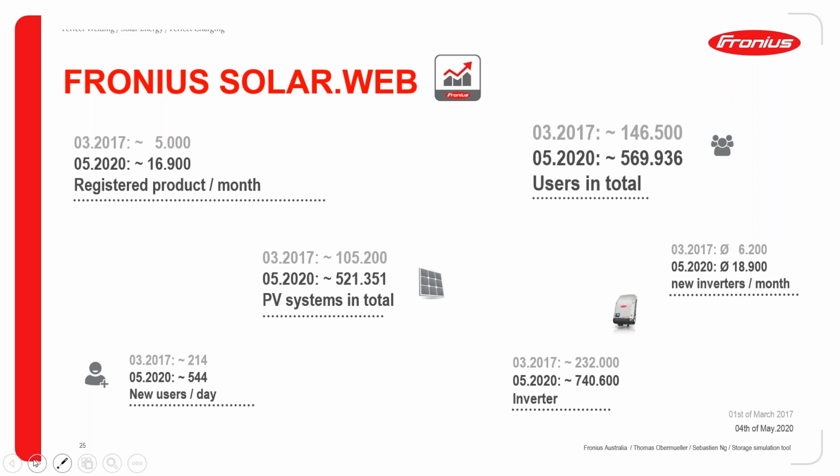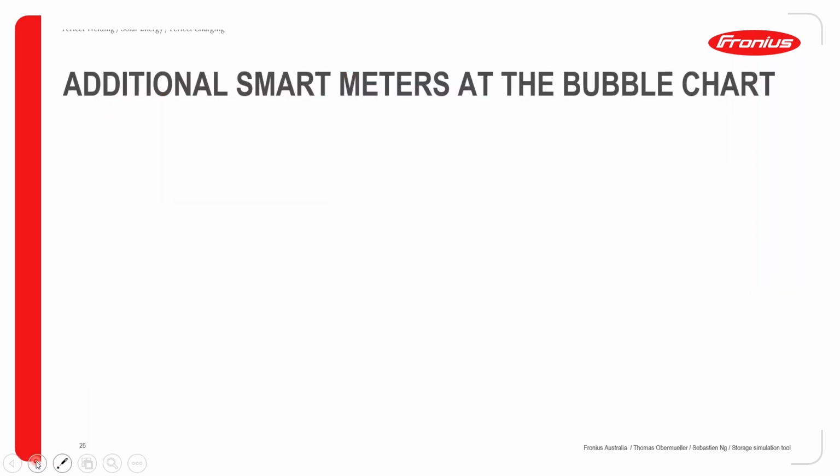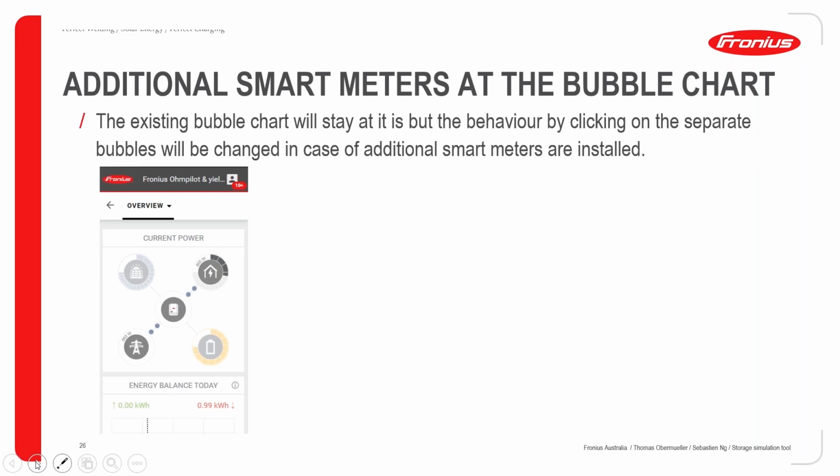What's next, or what we plan next, is the new features. The new feature is we want to add a visualization for additional smart meters. So Sebastian mentioned already, if you install a smart meter, we can collect and show the consumption of the system, and it is also possible to install additional smart meters, so-called secondary smart meters.